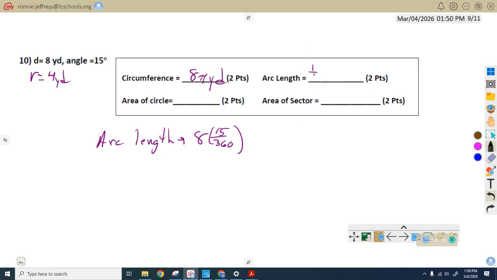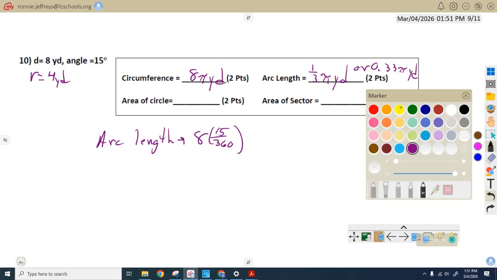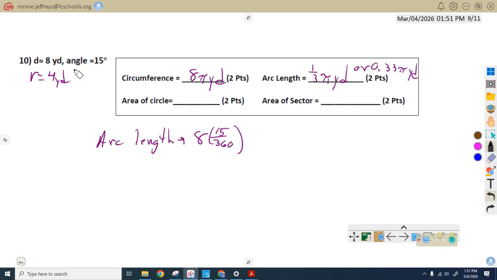Alright, so this is 1/3 pi yards or 0.33 pi yards. So 64 pi yards squared.